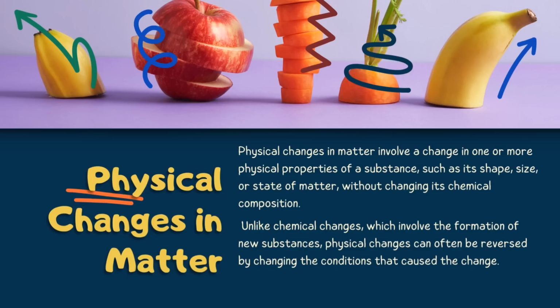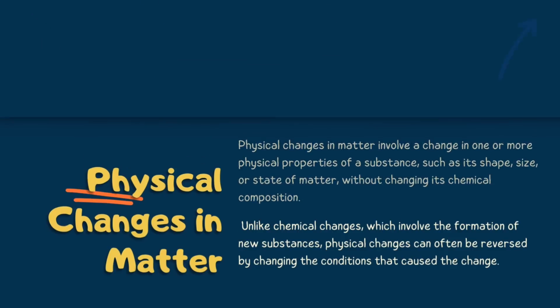Okay, unlike the chemical change which involved the formation of new substances. Physical changes can often be reversed by changing the condition that caused the change. Okay, so pwede pa raw bumalik, no? So, depende, no, yung, kumbaga, dun sa condition na kung saan nandoon yung isang specific na substance.